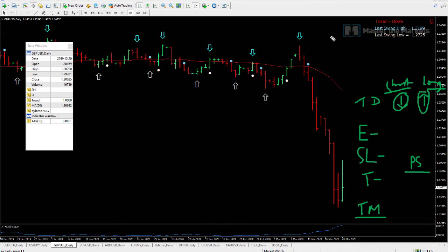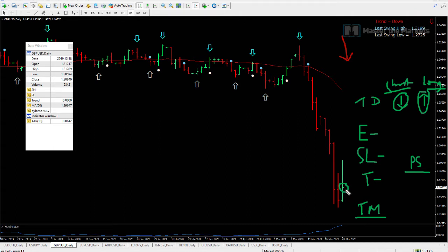In this example, in our analysis, we will look to take this trade short. That means we'll be looking to take it down. In terms of the entry price, we will be looking to enter on the close price over here. So when the market opens on Sunday night, I would look to open and enter short on the close price.